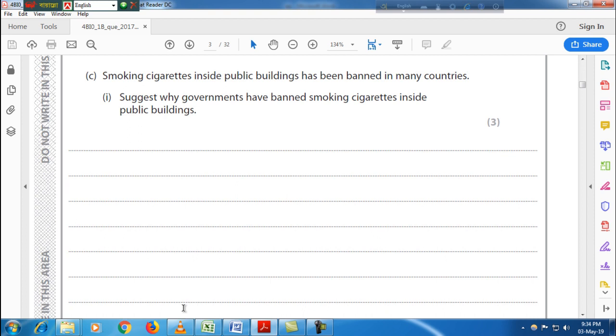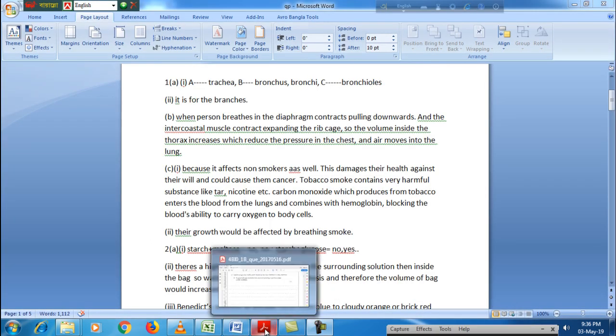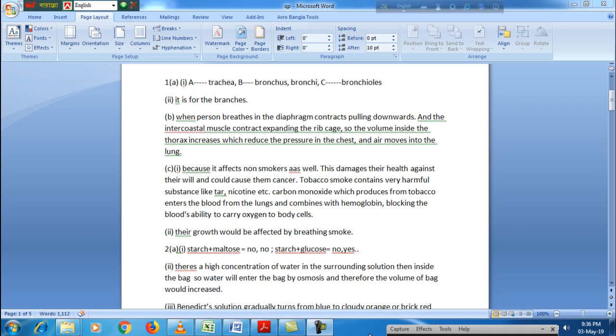As they are children, they can easily catch the smoke, which may develop cancer cells, and as a result they may have lung cancer. Different kinds of problems may occur like asthma and bronchitis, and as children are smaller, their lungs are smaller.